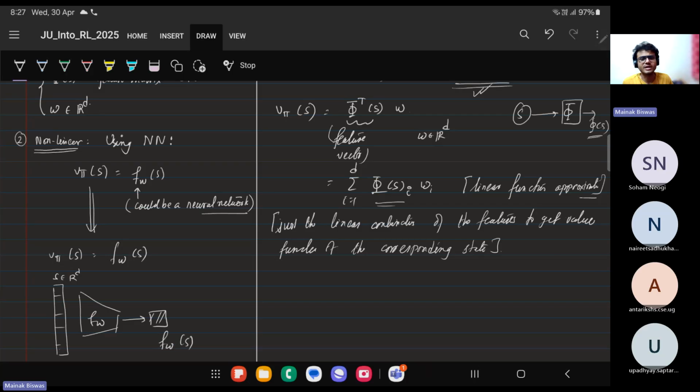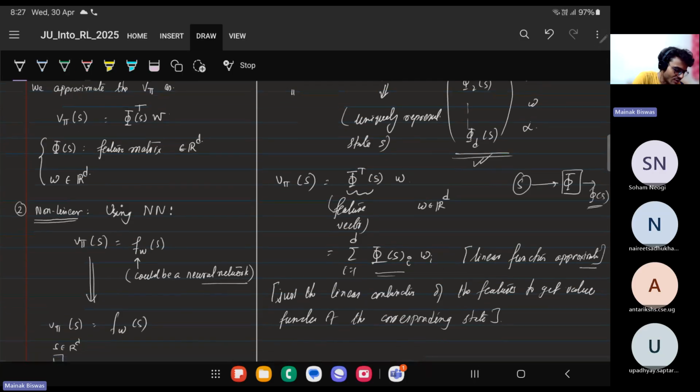All these things can be done. These are all approximations that I can use, but we will only consider linear function approximations currently, because we have not done a lot of neural networks, and all of the theory that we'll be developing for linear functions would hold for non-linear functions as well. At least the algorithms would still be the same. Convergence results won't be there, but yeah.